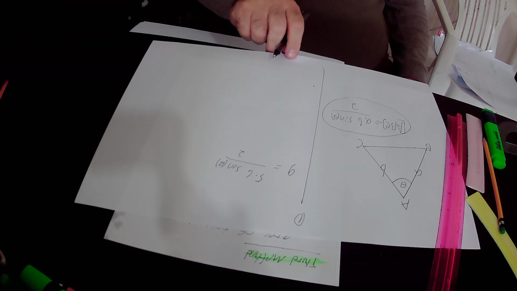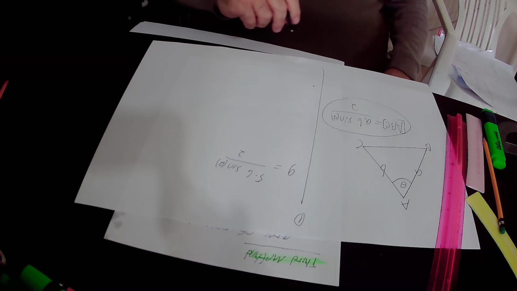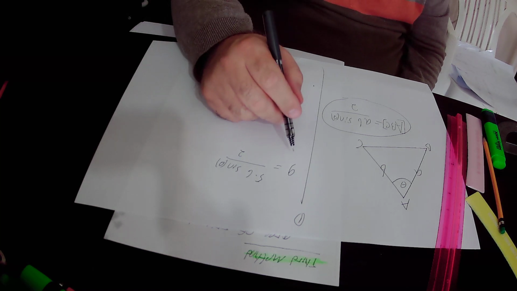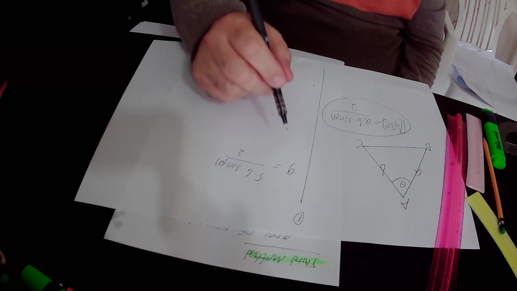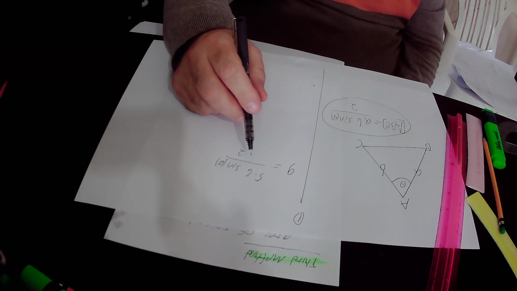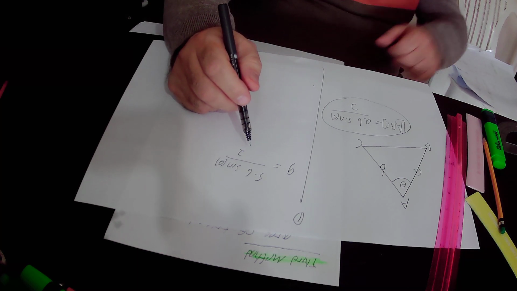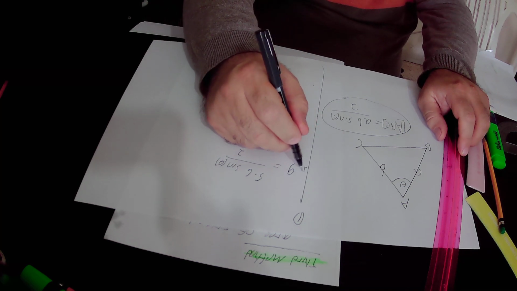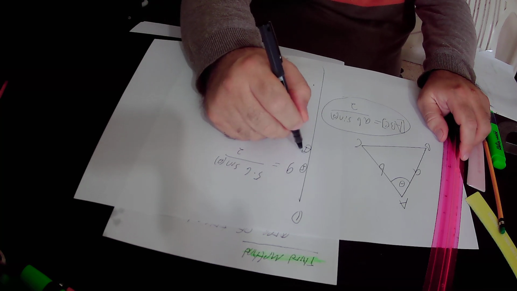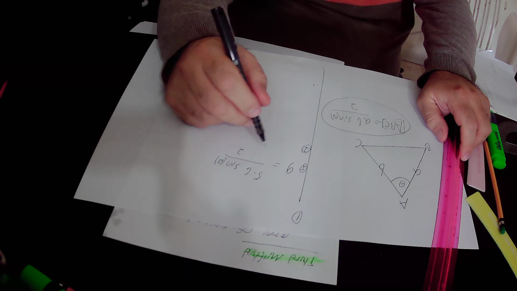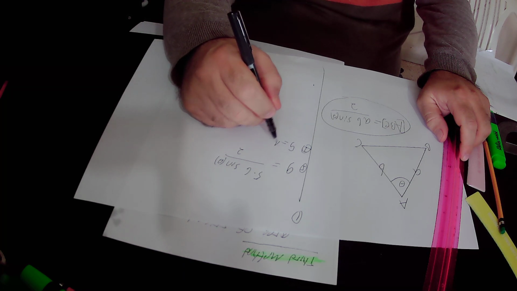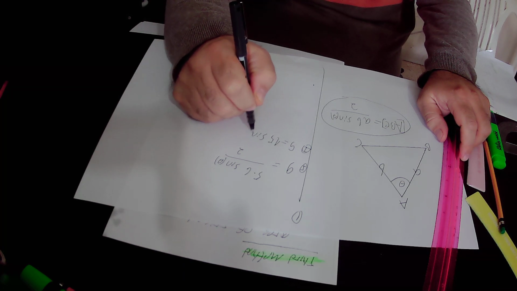So by solving this equation we find out the value of sine theta. So 9 equals 5 times 6 times sine theta over 2. Here 5 times 6 is 30 and 30 over 2 is 15. So 9 equals 15 times sine theta.